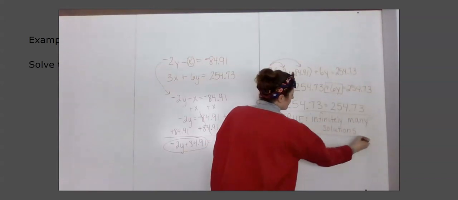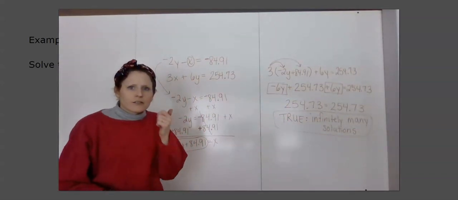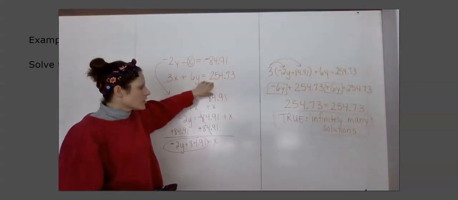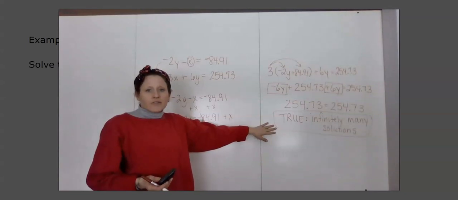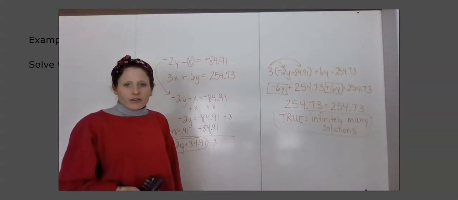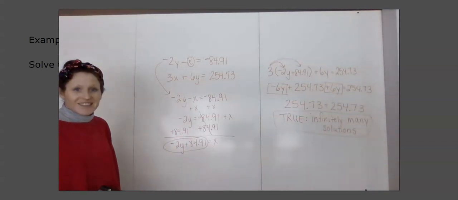If you had graphed these lines, which would be kind of tricky because we have decimal numbers, so it'd be hard to graph it exactly, but these are actually the same line. They would be overlapping. There's infinitely many solutions.